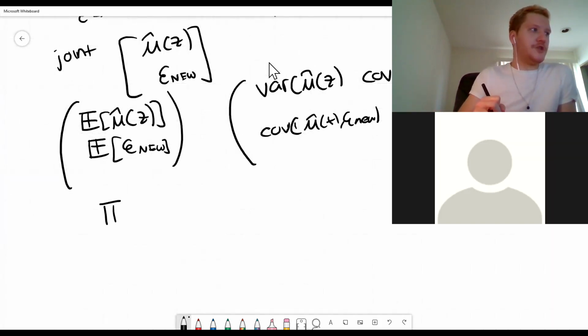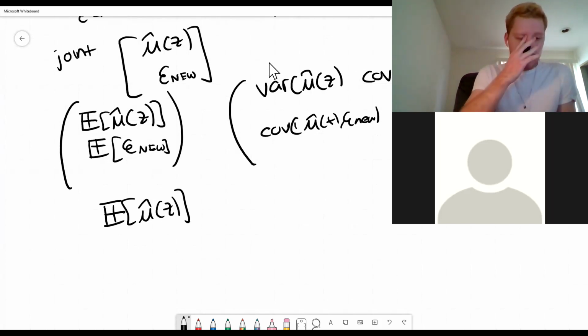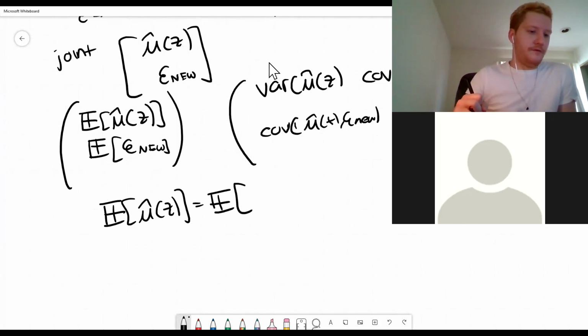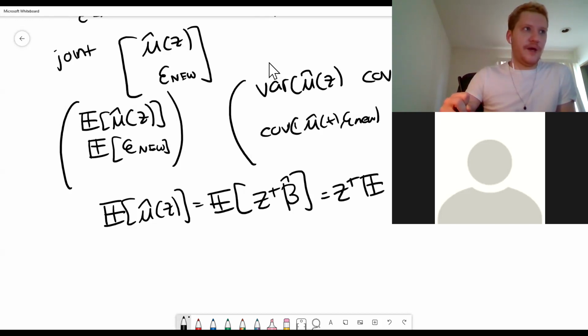First of all, the expectation of mu hat z is going to be the expected value of z transpose beta hat. So this is z transpose times the expected value of beta hat, because z is just a constant. And we already know that this is equal to beta.